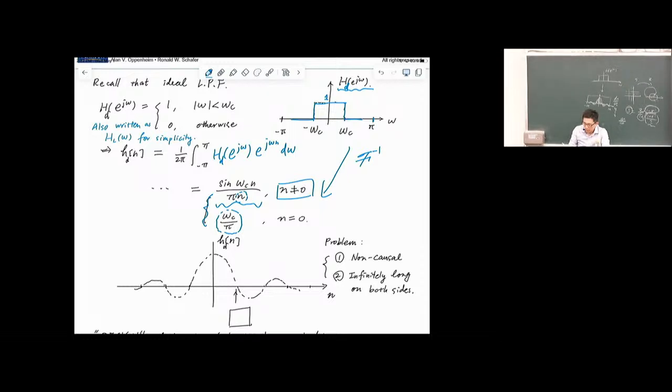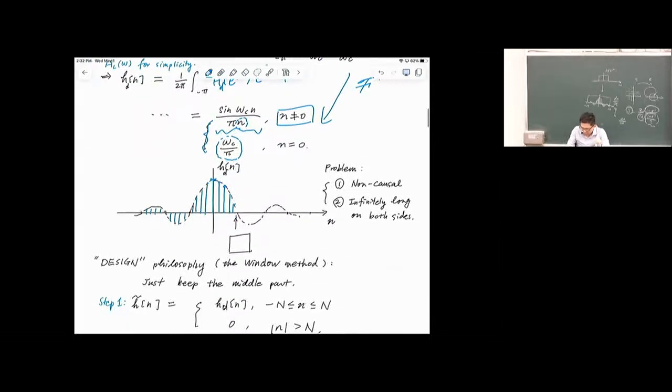So we have the corresponding impulse response, and it looks like that.